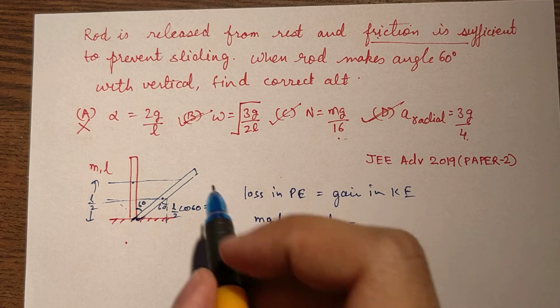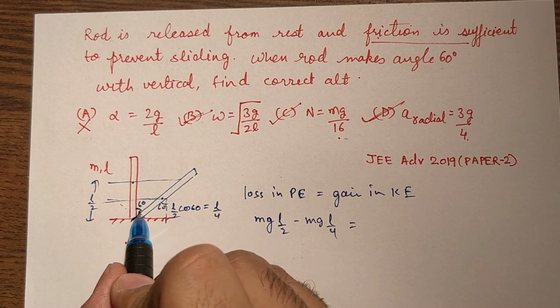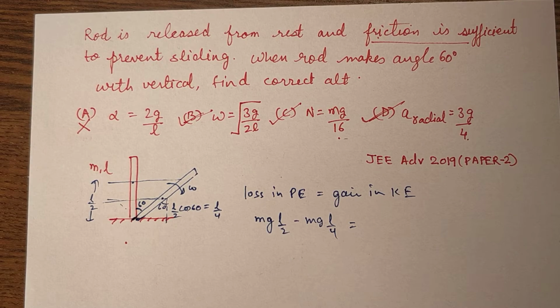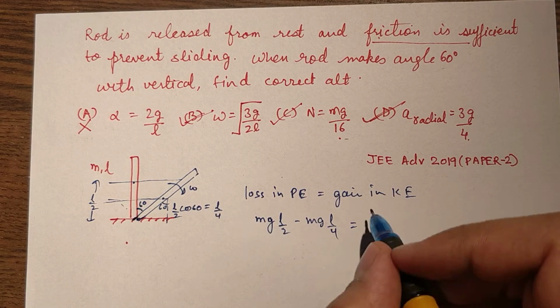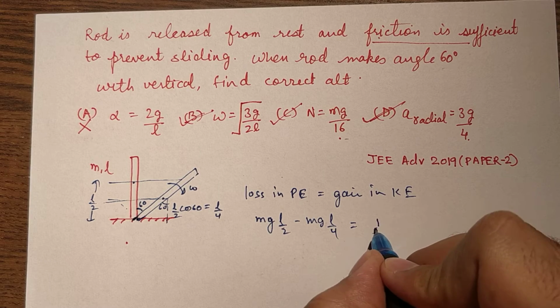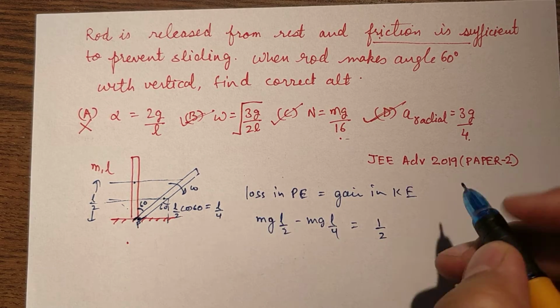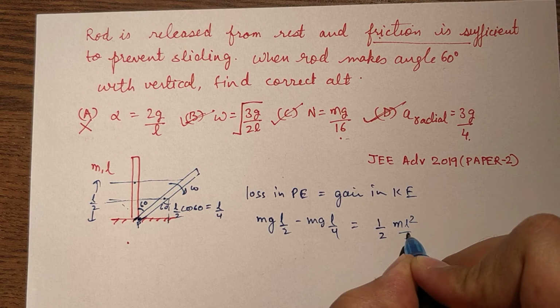And for the gain in kinetic energy, let's say when it makes an angle 60 degree, the rod rotates with angular velocity omega. Since it is pure rotation, kinetic energy is half I omega square, where I about this point P is ml square by 3.